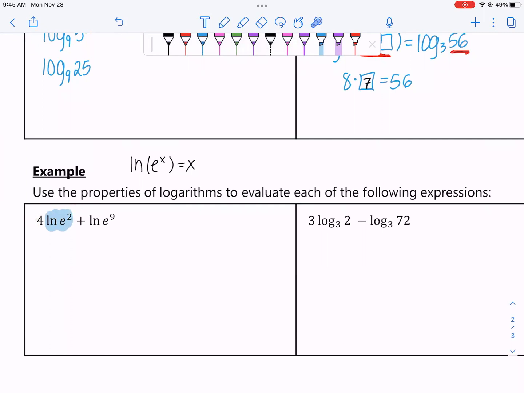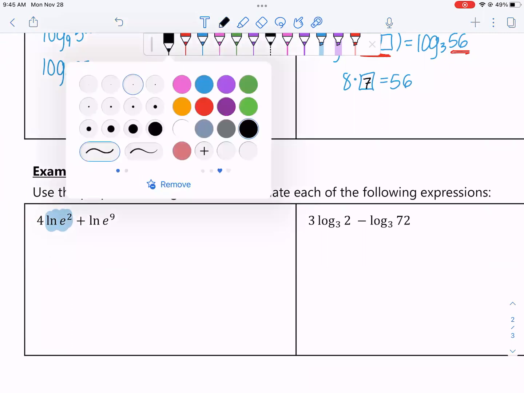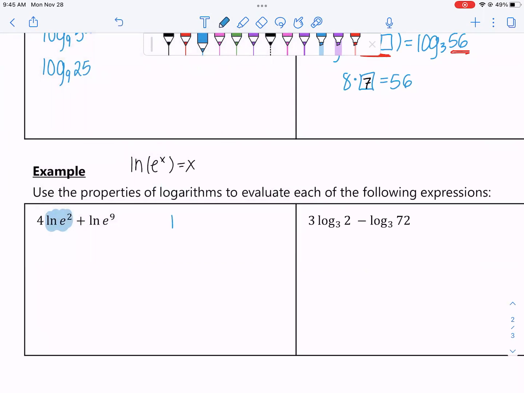It's tempting to want to bring the 4 up as an exponent, but just ignore that for now. ln of e squared should be equal to 2, right? That's this guy right here, but instead of x, there's a 2. The ln e cancels out, and you're left with just the exponent, right? So this guy right here is 2.